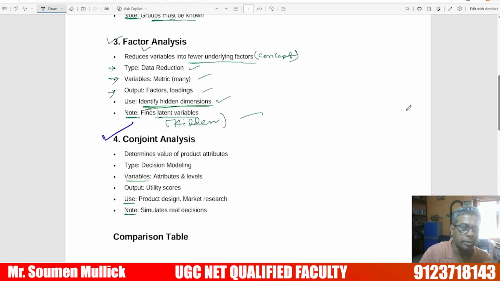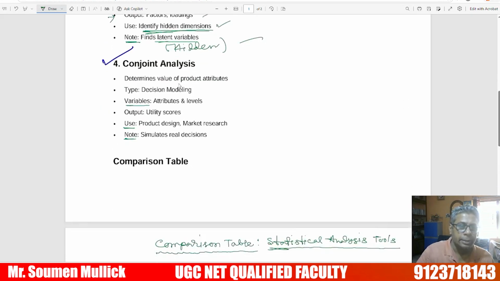Next, conjoint analysis. It determines the value of product attributes or characteristics of the product. The important type is decompositional modeling. Variables are attributes and levels. What is the output of conjoint analysis?